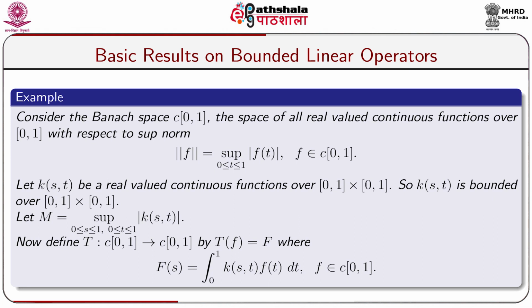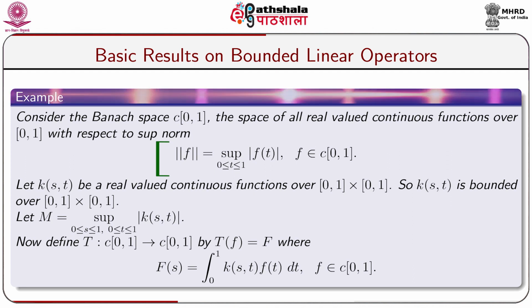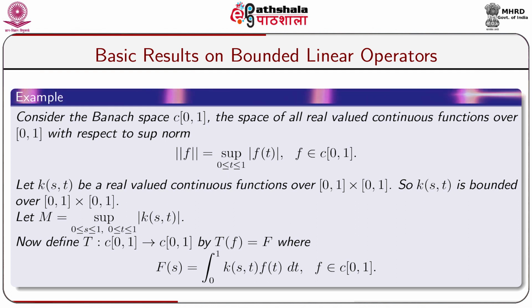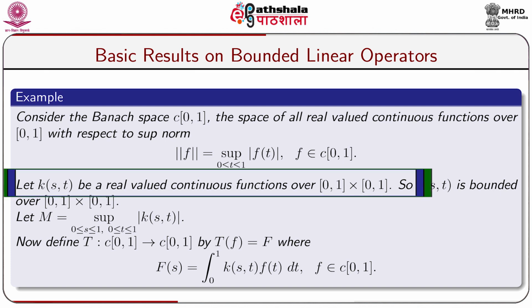Consider the Banach space C[0,1], the space of all real valued continuous functions over [0,1] with respect to the sup norm, that is, ||f|| = sup |f(t)|, where 0 ≤ t ≤ 1, that is, the supremum is taken over the closed interval [0,1] and f is taken from C[0,1]. Let k(s,t) be a real valued continuous function over [0,1]×[0,1].